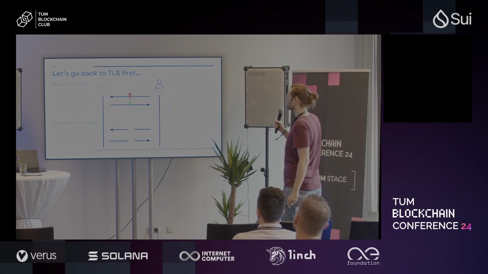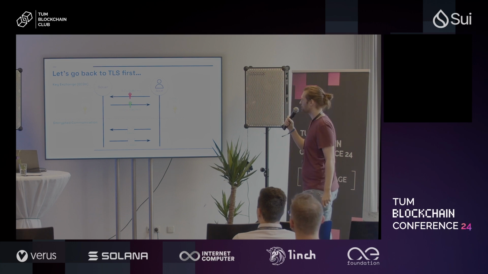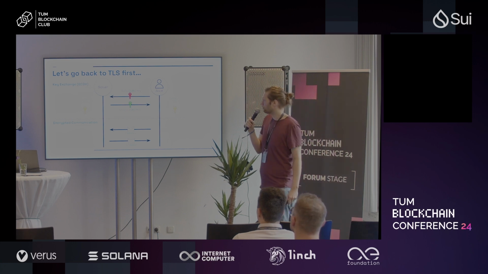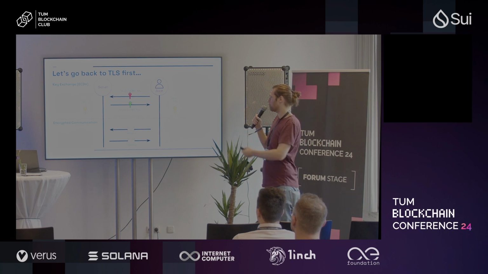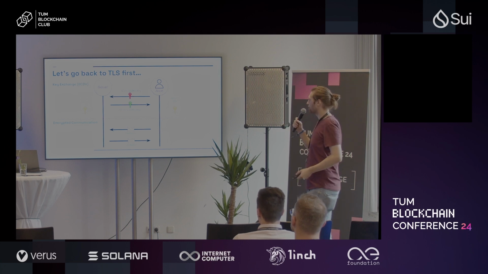Okay. So let's go back to TLS first in order to understand how TLSNotary works in detail. In TLS, you have two phases. The first one is the key exchange. Nowadays you have elliptic curve Diffie-Hellman key exchange.